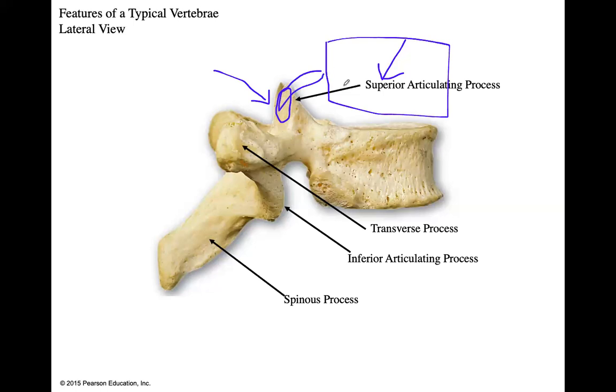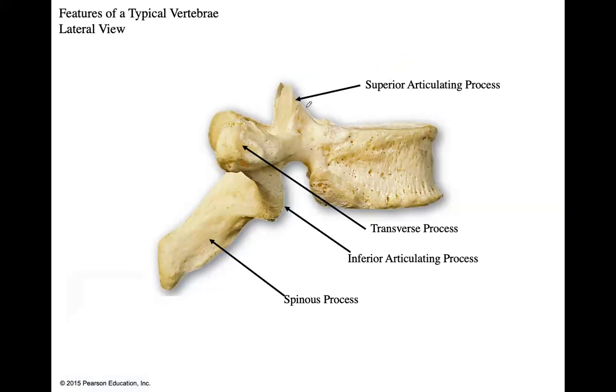It's just called the inferior articulating facet. So the superior articulating process and facet of one bone is going to articulate with the inferior articulating process and facet of another bone to create a joint.